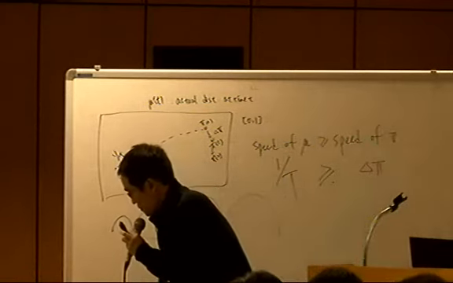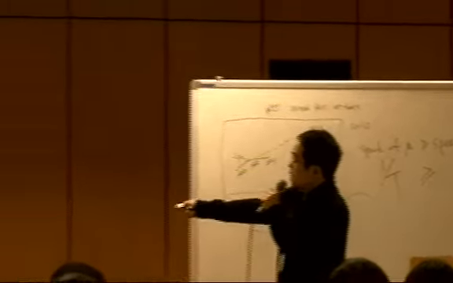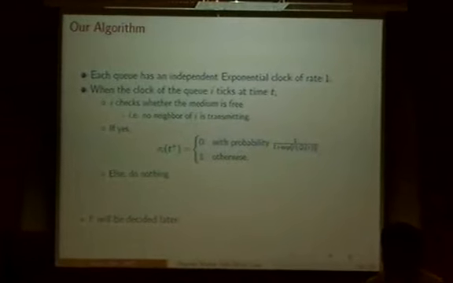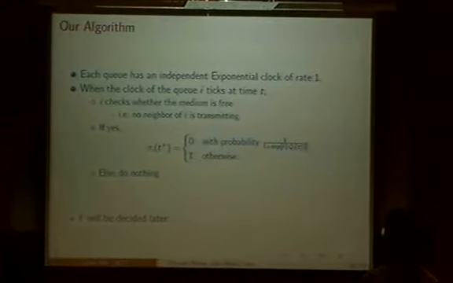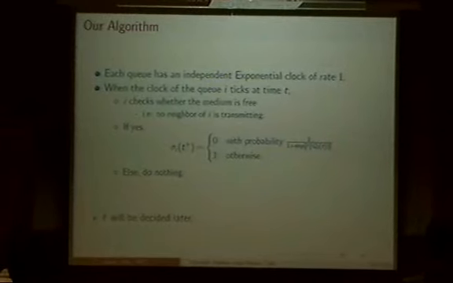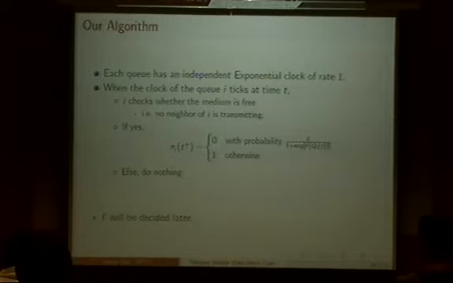Suppose the clock of queue i ticks at time t. Then first I check whether the medium is free or not. Here, medium is free means that I check whether a neighbor is transmitting or not. If no neighbor is transmitting, it changes its local schedule with the following simple rule.